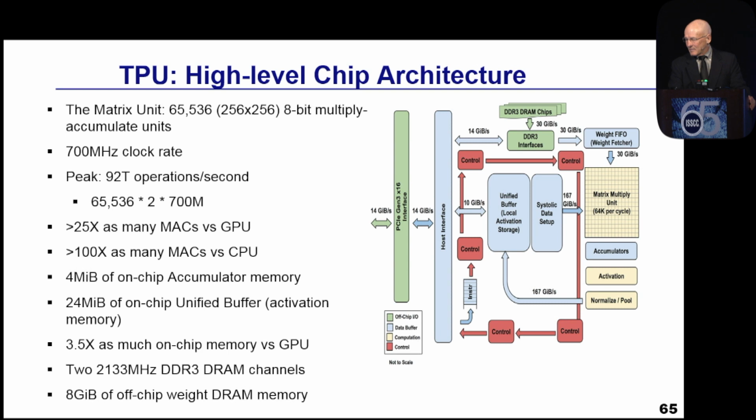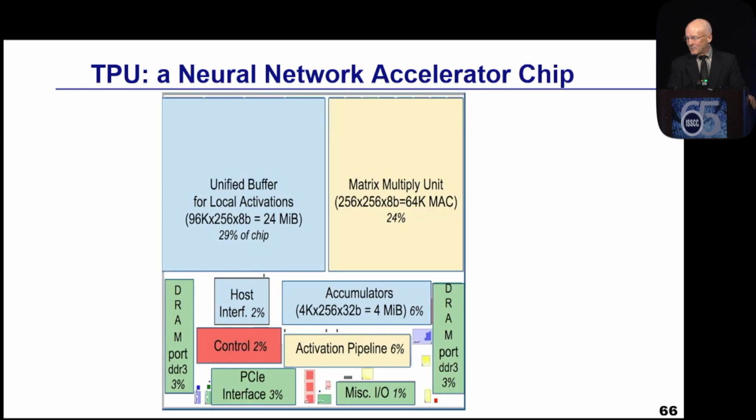It's got 4 megabytes of memory to handle the results, and another large memory that's a buffer to handle other operations, at 24 megabytes on the chip. The so-called parameters or weights that you need for neural networking don't fit on the chip, so they have to be brought in from a DRAM over a DDR3 interface.